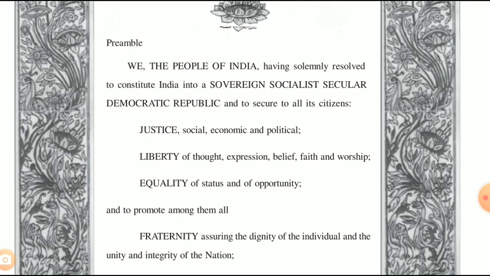It means that this constitution is for the people and to make India sovereign, socialist, secular, and a democratic country, and it will also safeguard all its citizens. Here, it means that justice will be given to all its citizens, irrespective of social, economic, or political differences.